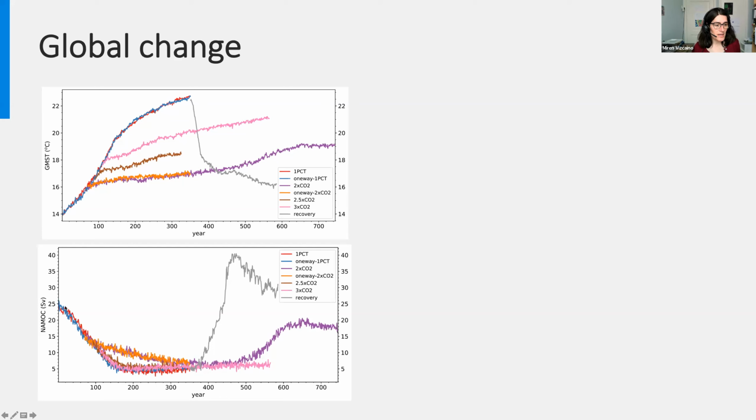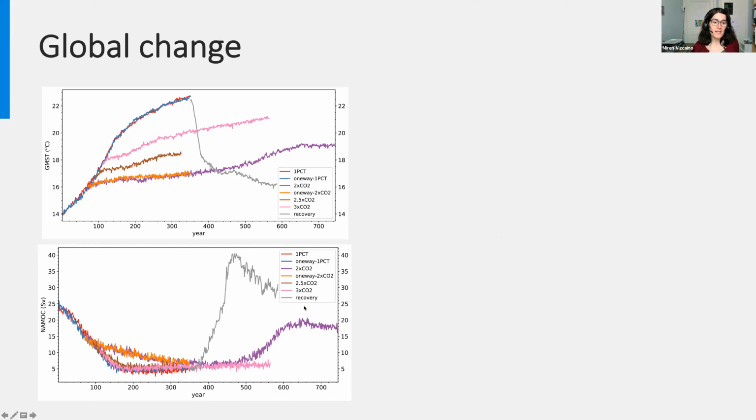The NAMOC is declining very quickly and going to these bottom levels here for 2.5 and more. But for 2 times CO2, it goes this way, more slowly declining, hitting the bottom and then recovering. So this increase in the global mean temperature of 1.5 Kelvin is coincidental with recovery of the NAMOC.